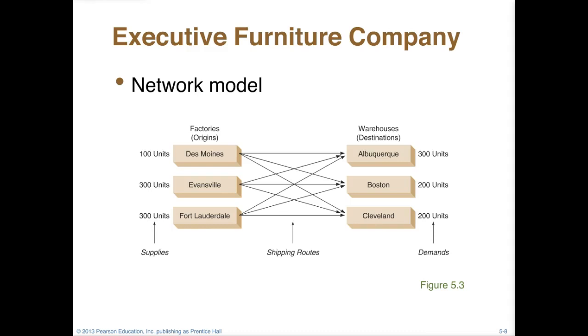So we're basically saying that any of these factories have the capability to ship into any of our destinations. And we see that the demand from our destinations are 300 for Albuquerque, 200 for Boston, and 200 for Cleveland. And of course, that totals out to be 700 units as well.